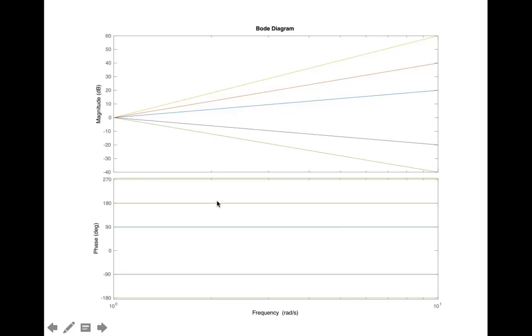If it was s squared, it would be a constant line at 180. If it was s to the minus 1, it'd be a constant line at minus 90, and so on. So phase plots are horizontal lines. And then if we have transitions, there will just be a transition to another horizontal line.